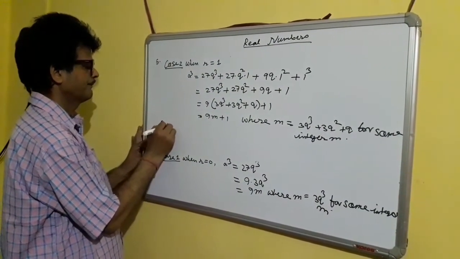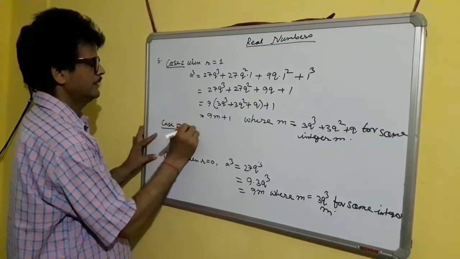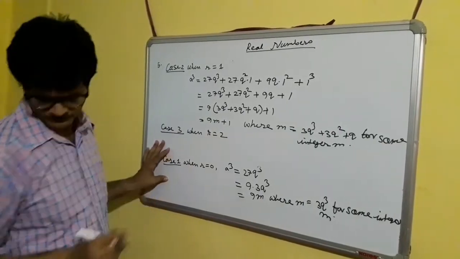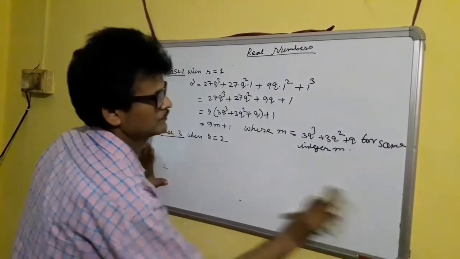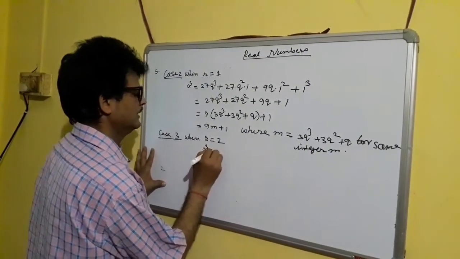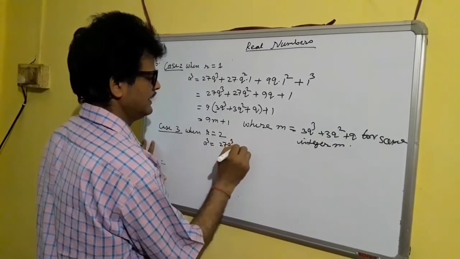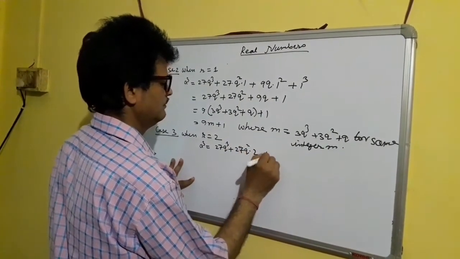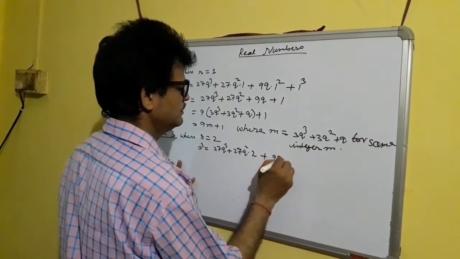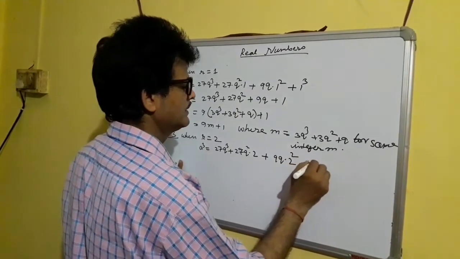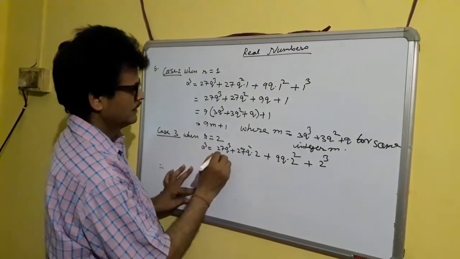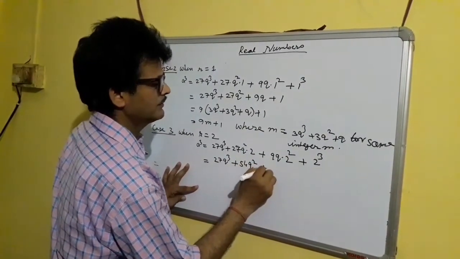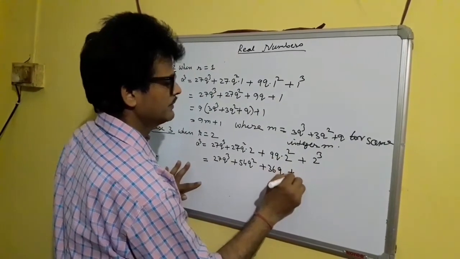Then case 3, when r is equal to 2, a cube is equal to 27 q cube plus 27 q square into 2 plus 9 q into 2 square plus 2 cube, which is equal to 27 q cube plus 54 q square plus 36 q plus 8.